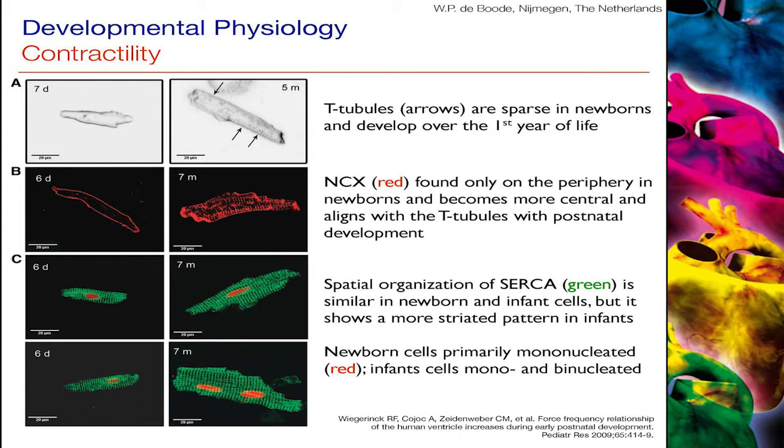The sodium-calcium exchange mechanism is also more sparse in the newborn in comparison with the children, and also the sarcoplasmic reticulum calcium influx mechanisms are quite different, as you can see in this slide.